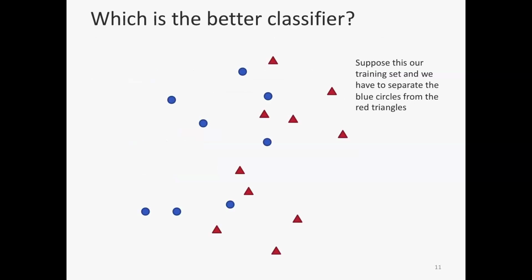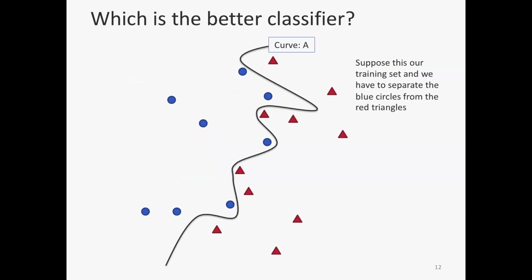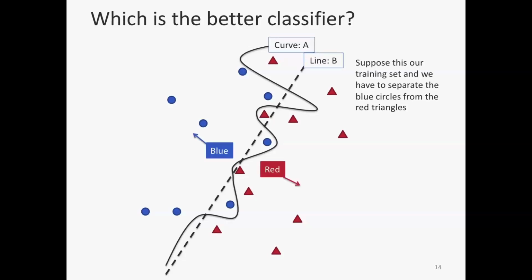And let's say that the only 2 options we have are curve A here or line B. In all cases, when I draw a separator like that, essentially I'm saying one side of this curve or line is blue circles, the other side is red triangles. Now, my question to you is, which of these is better?